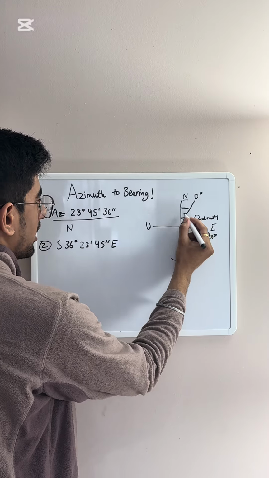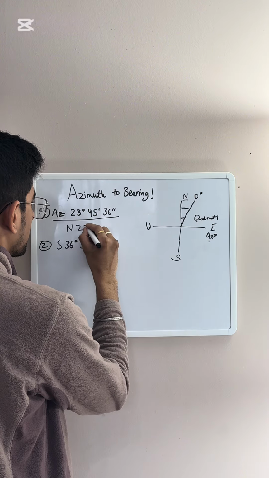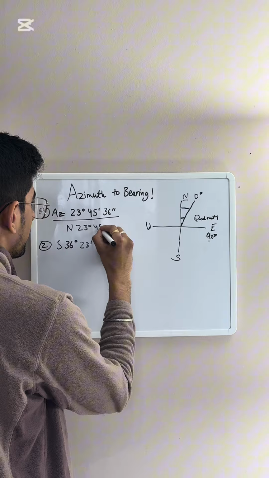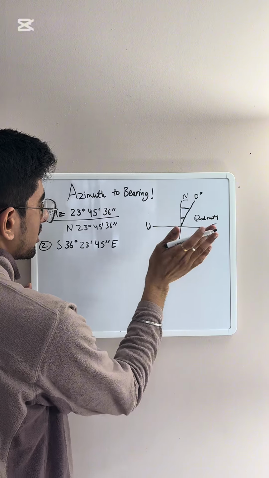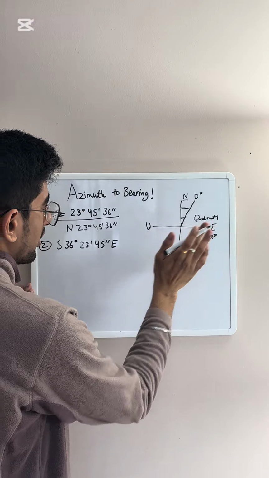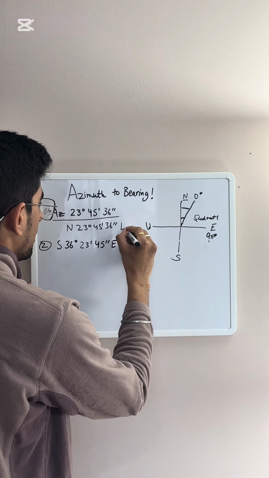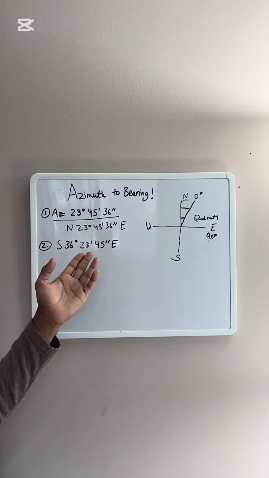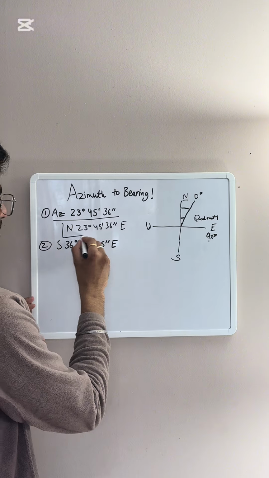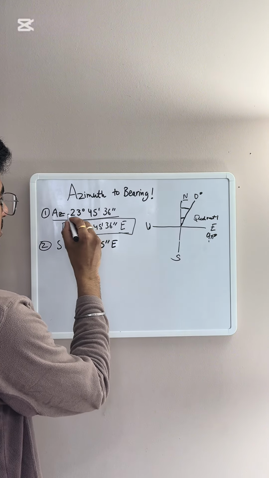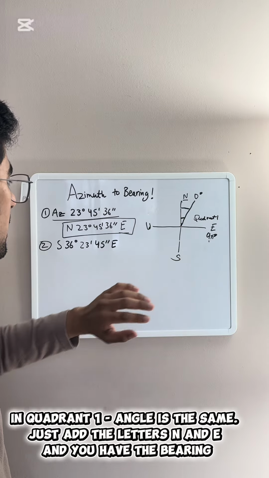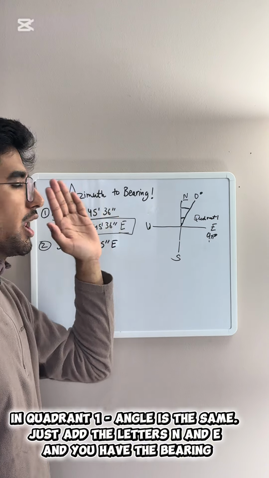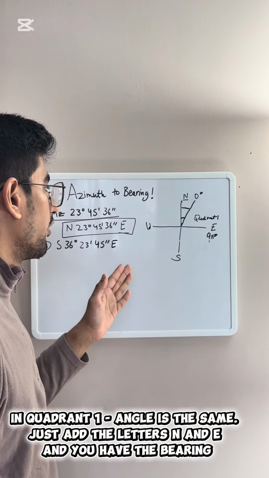We need to find this angle, we already have this angle, 23 degrees 45 minutes 36 seconds, and the line is going towards east. Just like that, that's your answer. It's pretty simple. You just need to write the angle as it is, and you just need to write the directions, and that's how you convert it when the line or the angle is in the first quadrant.